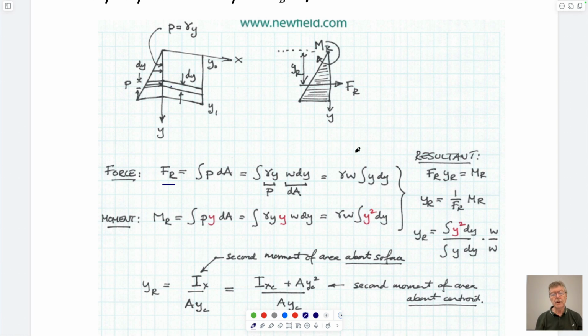The width of this stripe is some width W multiplied by dy, so that's the area of this stripe. The pressure is equal to the unit weight times how deep we are, y, the depth. We do the integration, we end up with our expression, and this expression is just equal to gamma h sub c A. This is what this integral is.